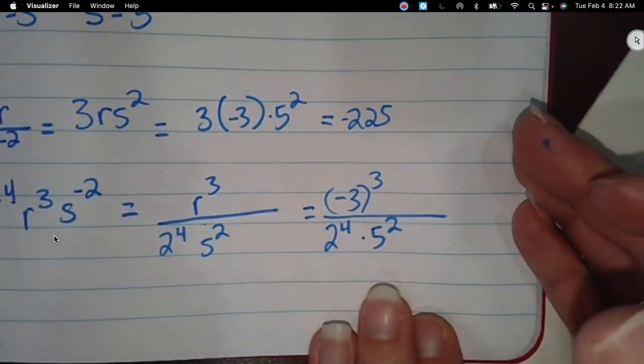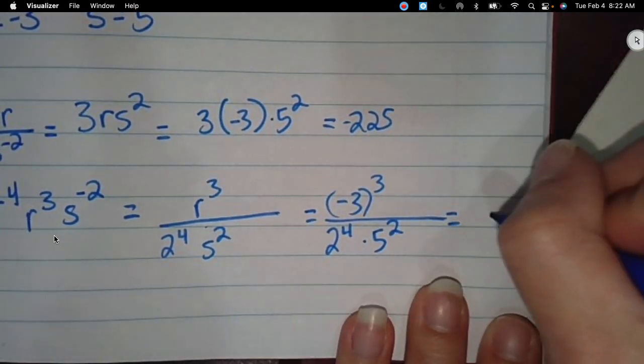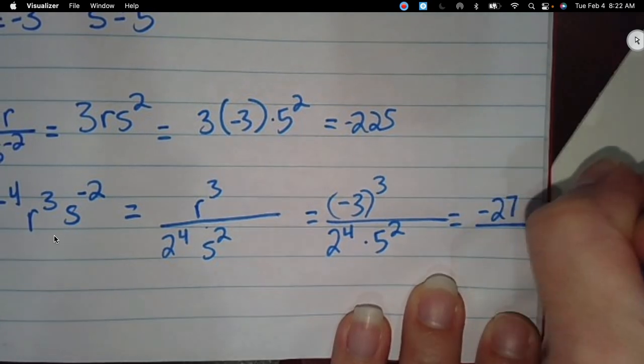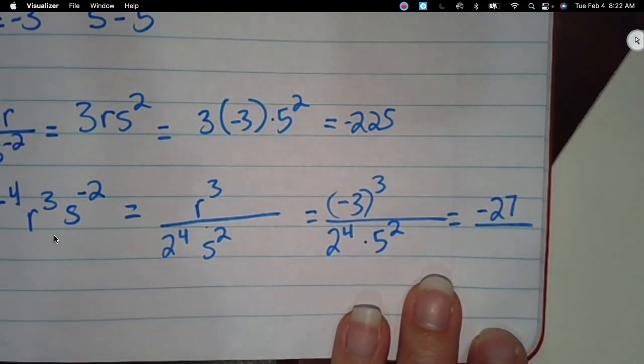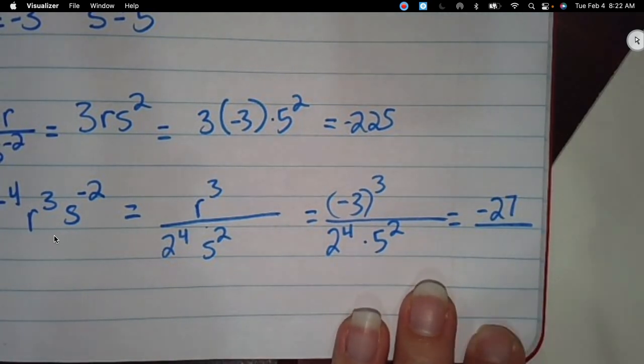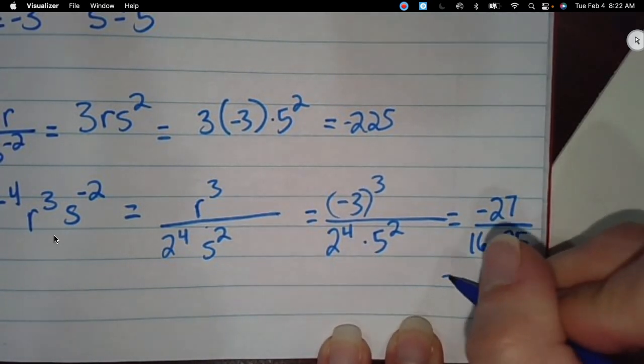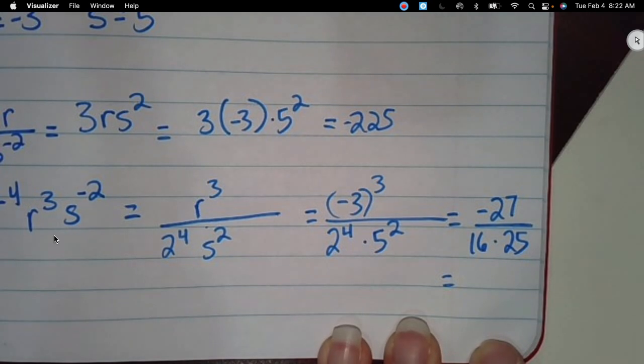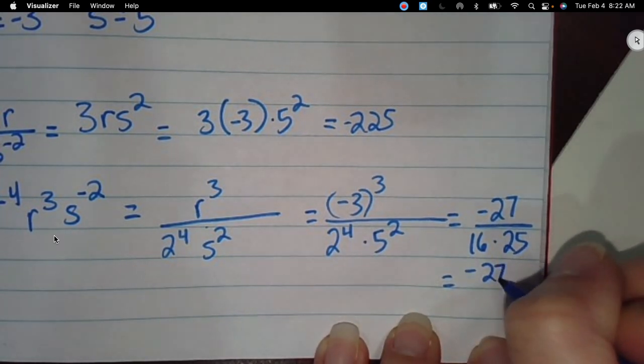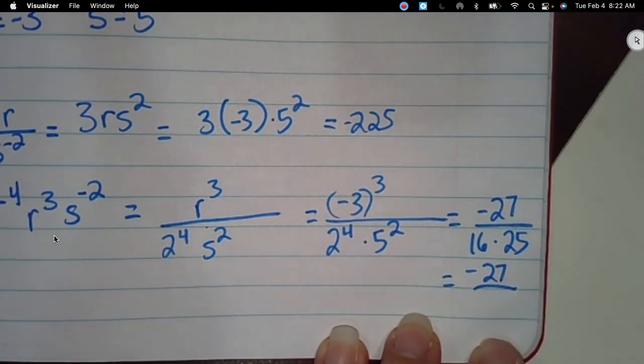This time I'll just work it out. That's going to be negative 27. And let's see, 2 to the 4th, is that 16? Yeah. And 5 squared is 25. So I'm going to get negative 27 over, let me see what 16 times 25 is. 400.